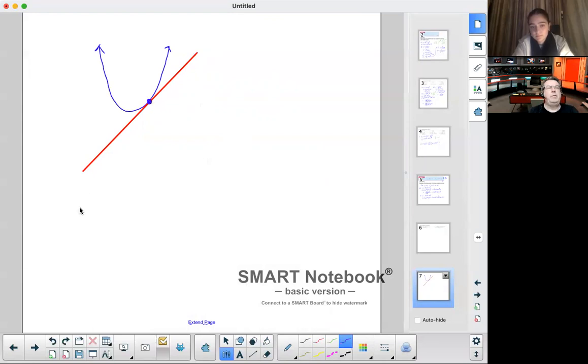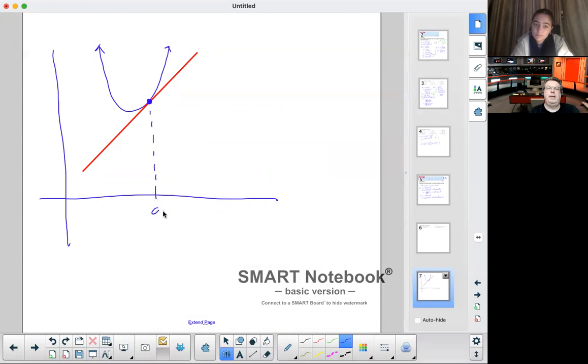And every line has a slope, right? So what the derivative gives you, and let's say this is point A, right?